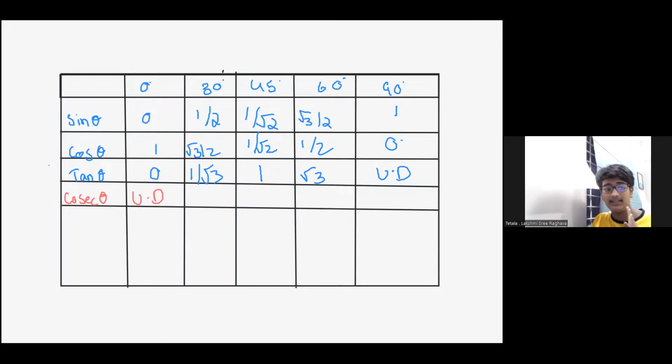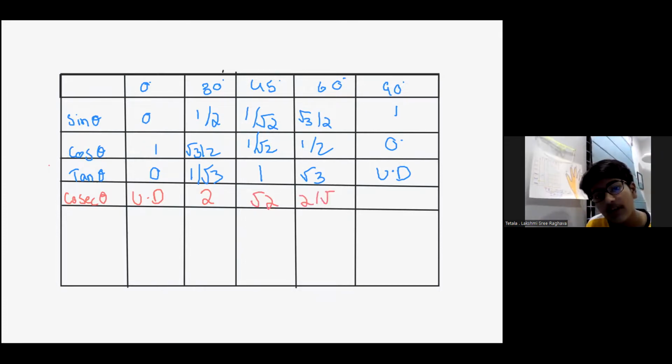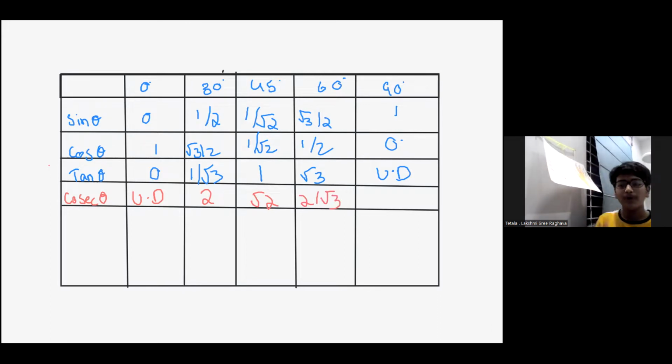Next, 30 degrees. So 1 by 2 becomes 2 by 1, which is 2. Next, 1 by root 2. Root 2 will come up. So root 2 is the value for this. Next, root 3 by 2. 2 will come up, 2 by root 3. Next, 1 will come up or down, there is no difference. So it is 1 again.